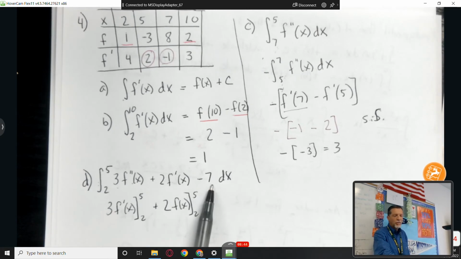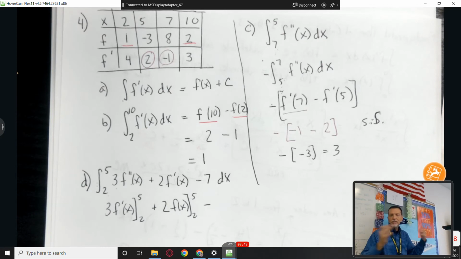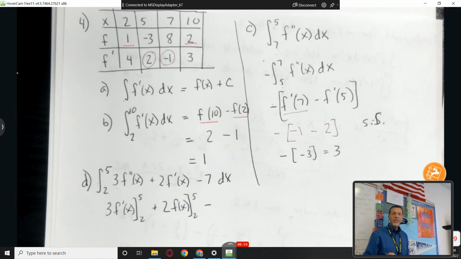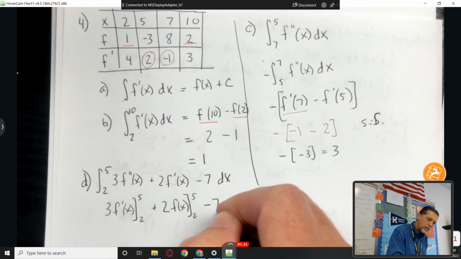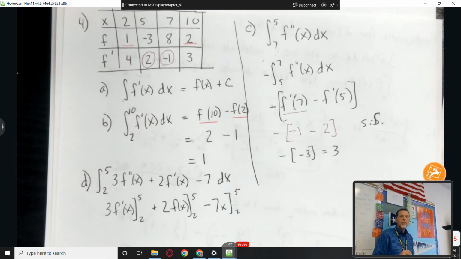Now this is where we throw people off because we have to switch our brain from thinking antiderivatives of derivatives back and forth to an actual number. Like, what's the antiderivative of 7? 7x, negative 7x, again from 2 to 5. So a little bit weird, but break it into pieces.